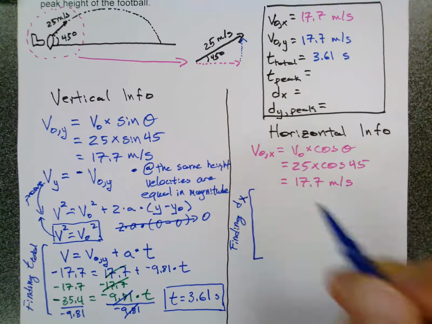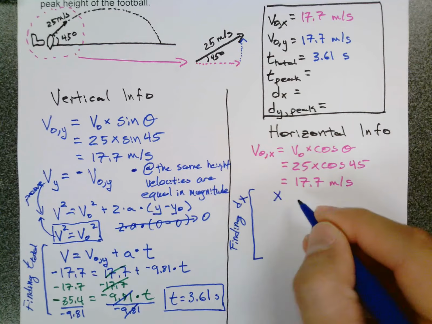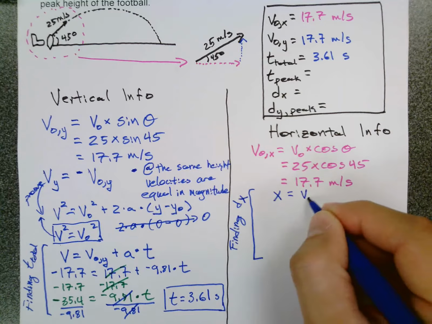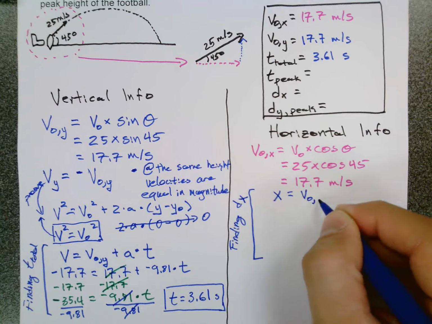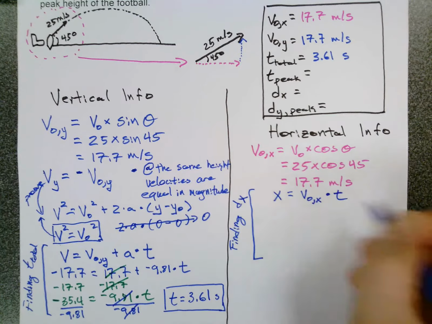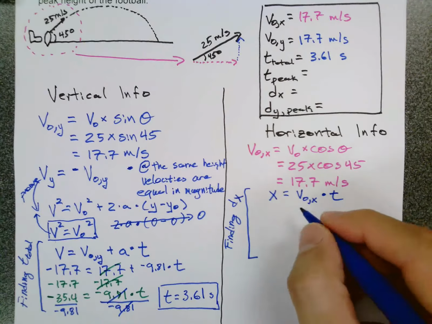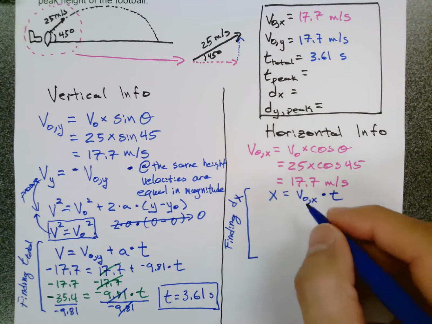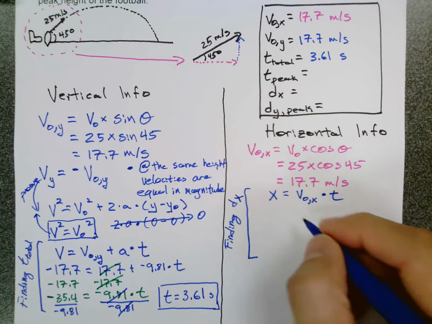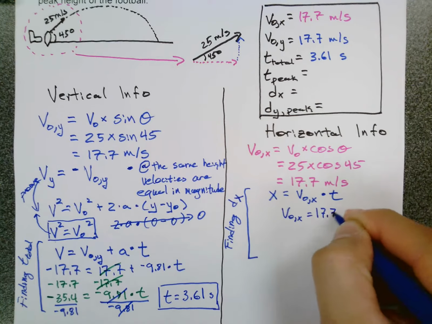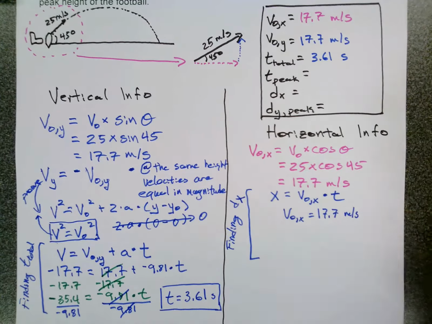In order to find dx, we use our equation. Our horizontal position is equal to our initial velocity in the x direction times our time. Our initial velocity in the x direction is what we just saw. v0x is equal to 17.7 meters per second.